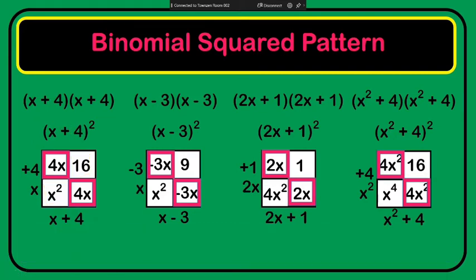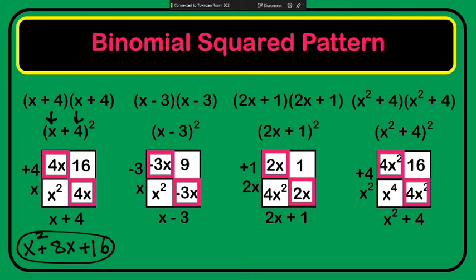So again, on our first example, our first term squared gives us x squared. Our last term squared gives us a positive 16. And our middle term is going to be the first term, which is the x, times the last term, which is the 4. So that's 4x. And since we have two of them, it's 2 times 4x, or 8x. And so that is the answer for our first example.